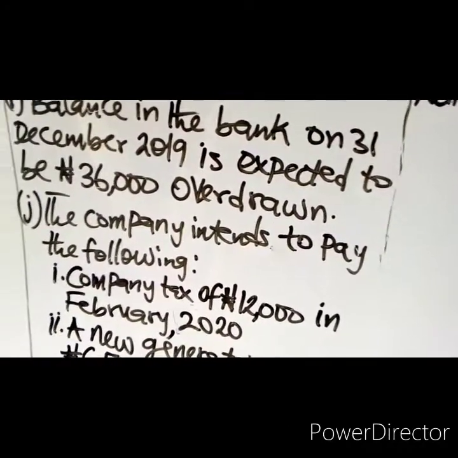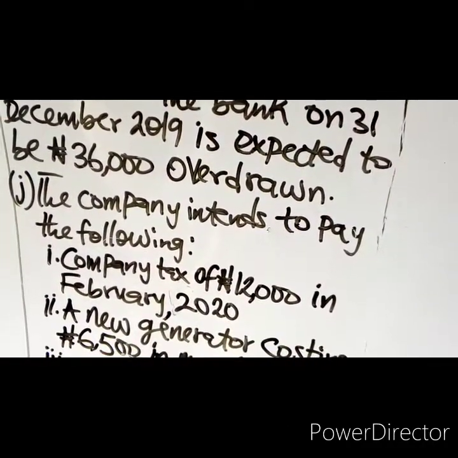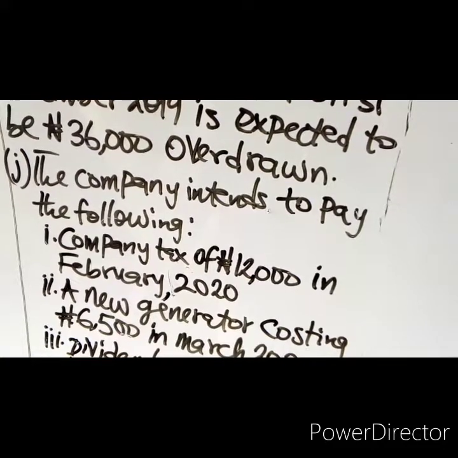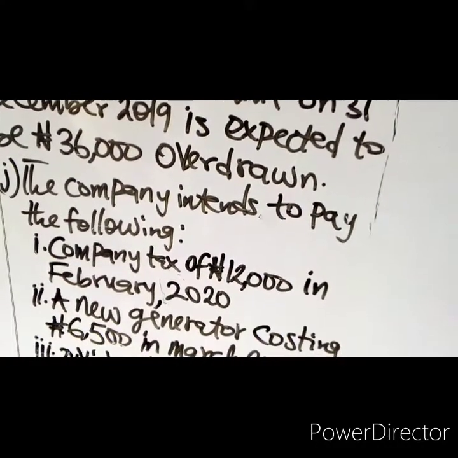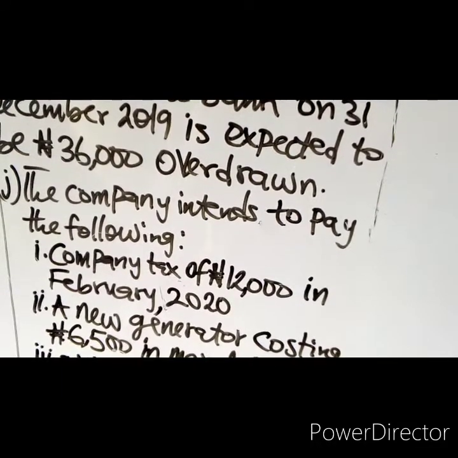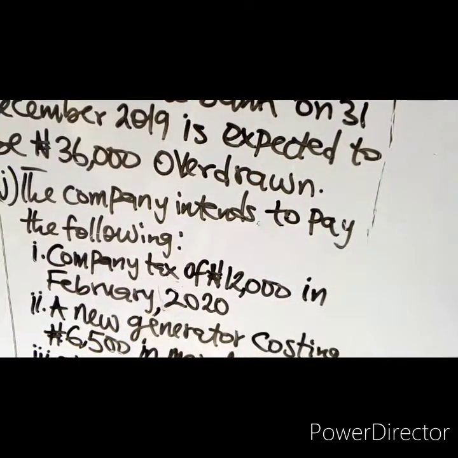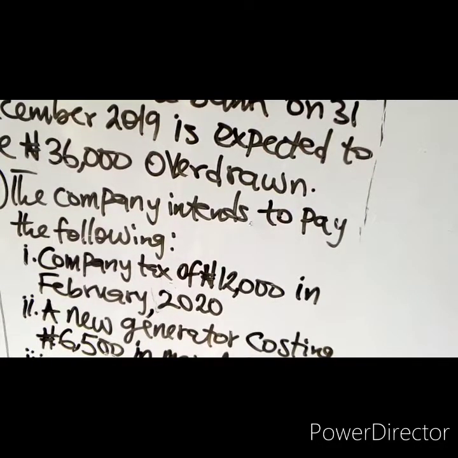So then note J. The company intends to pay the following. The first item there is company tax of 12,000 in February 2020.